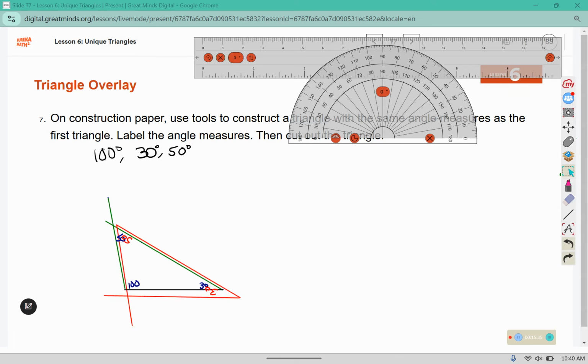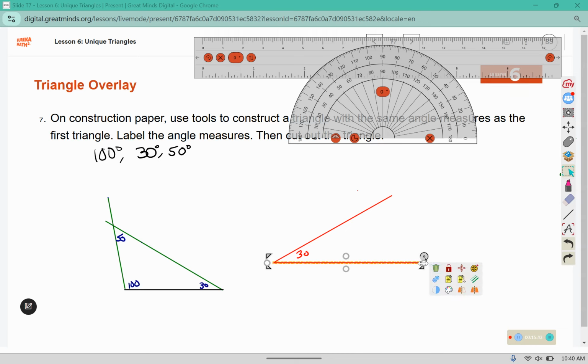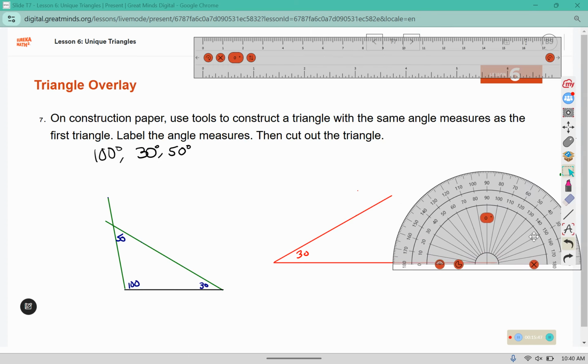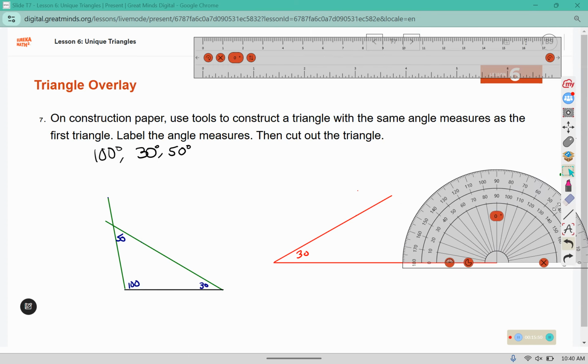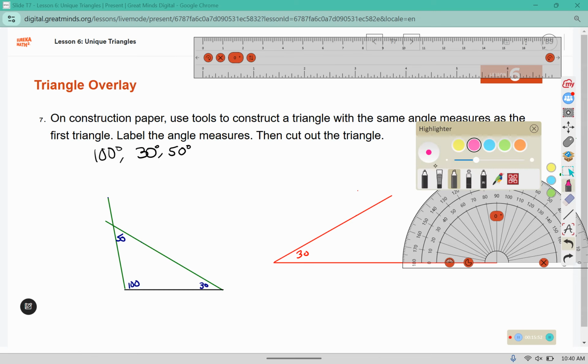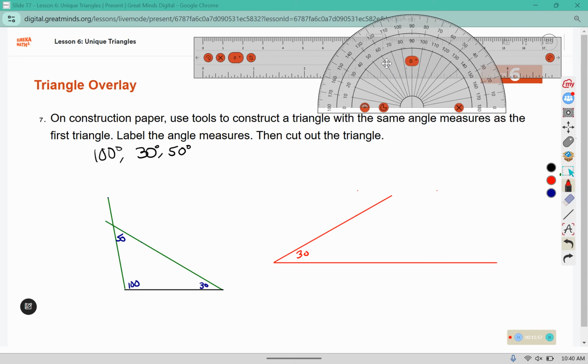And if I were to repeat this process again, I could make this side length across the bottom even longer, and I could do my 50-degree angle from here and connect. And then I would also need to extend this side length out, still lining up with that dot for the 30-degree angle.